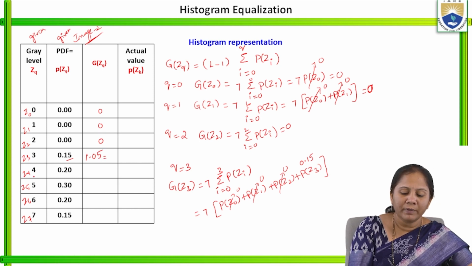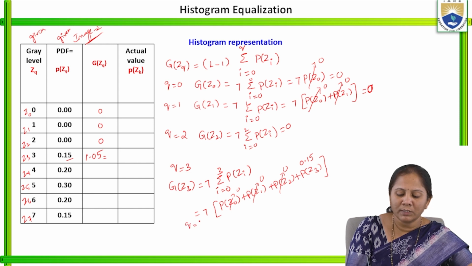Okay. Similarly, we have to calculate for Q is equal to 4, 5, 6 and 7.